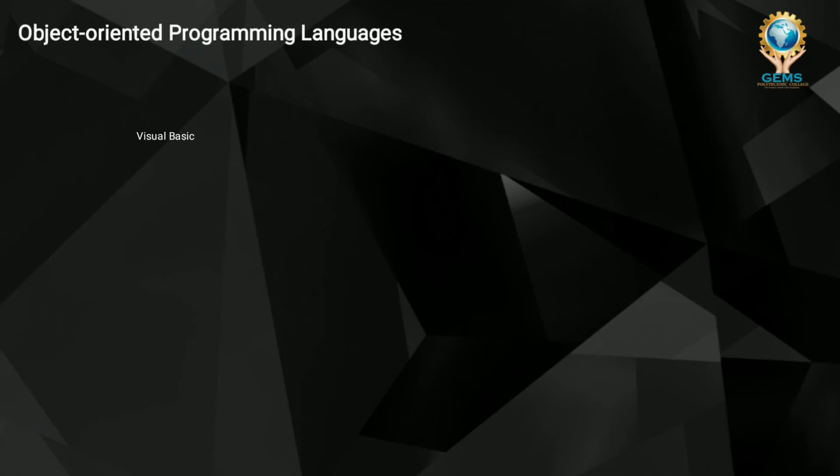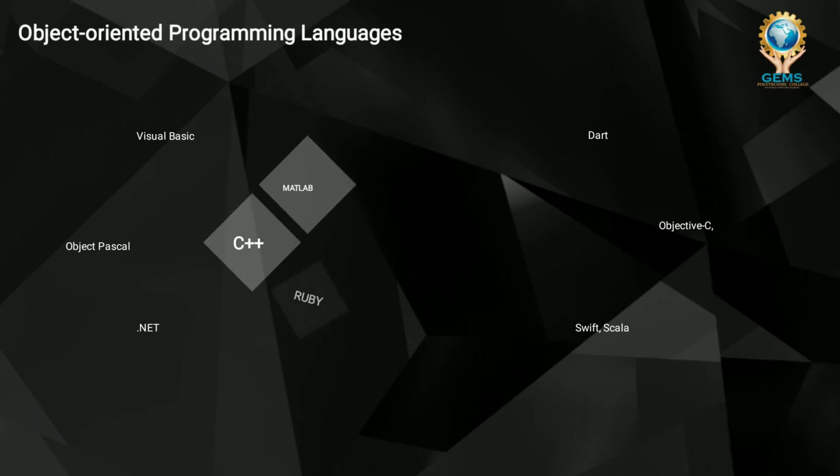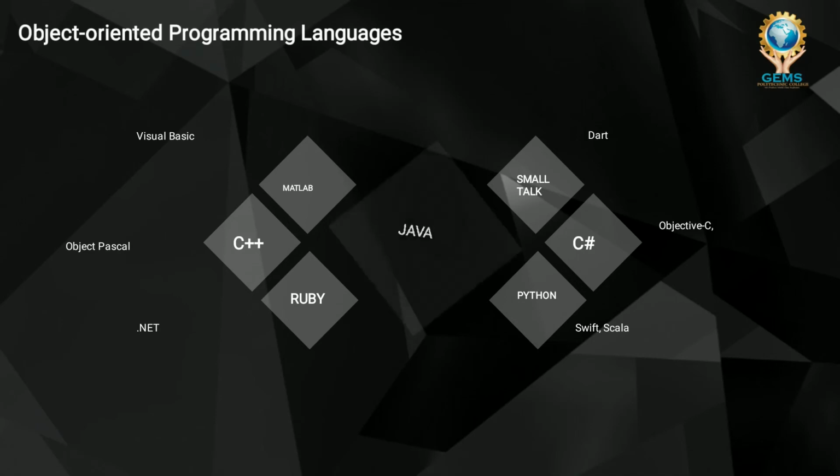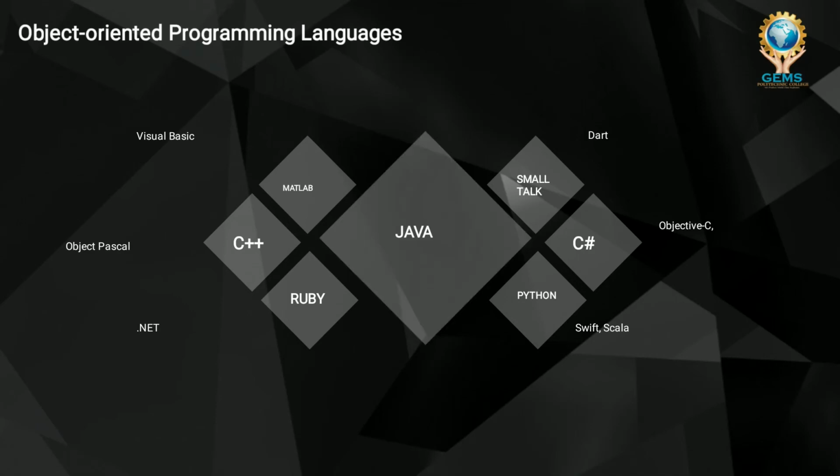First one is Visual Basic and Object Pascal, not Pascal, Object Pascal, .NET, Swift, Scala, Objective-C, Dart, MATLAB, C++, Ruby, Smalltalk, C#, Python, and finally Java. These are the object-oriented programming languages.